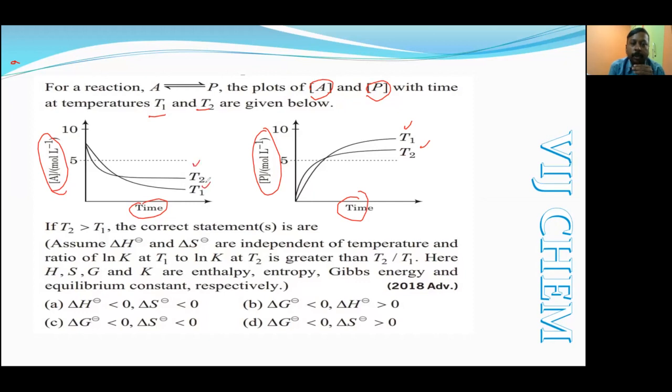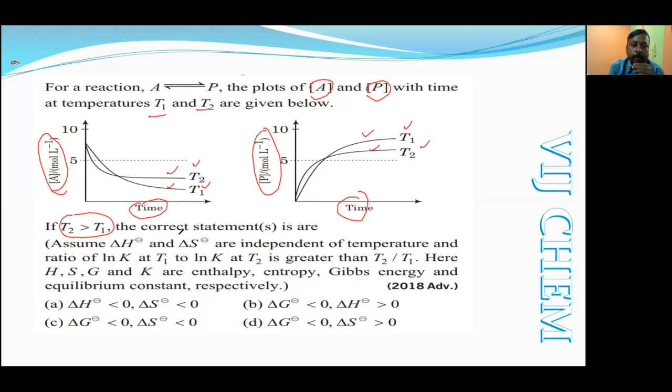Sorry, two graphs are drawn. This graph is drawn at temperature T1, and this is also T1. This is temperature T2, this is temperature T2. The dotted line represents equilibrium. If T1 is greater than T2, that means temperature is increased.